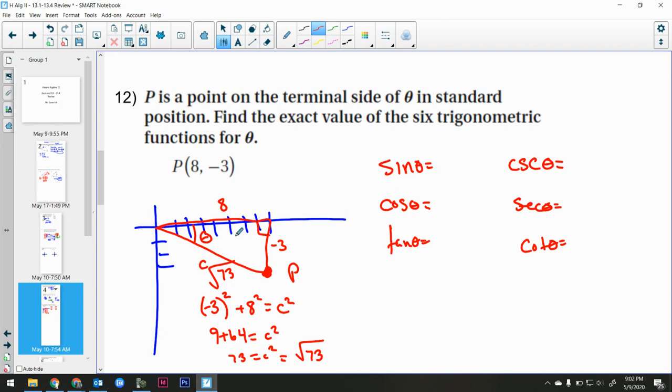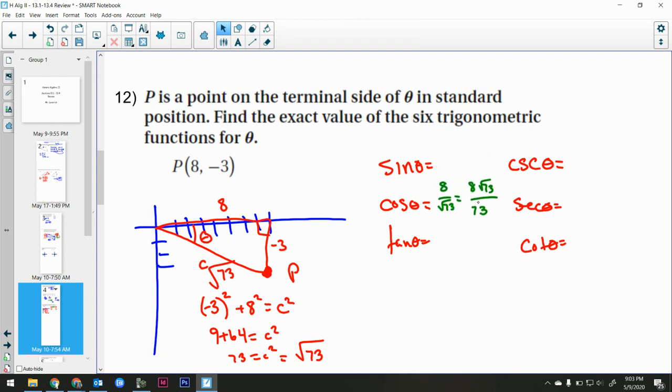Okay, so sine theta is the adjacent over hypotenuse. So it's the 8 over radical 73. And when I go to rationalize, this is 8 radical 73 over 73. Cosine theta is the opposite over, oh, shoot, sorry. That should have been cosine.